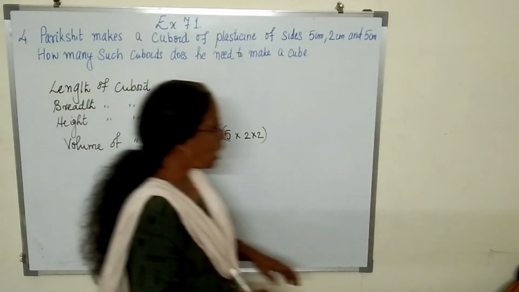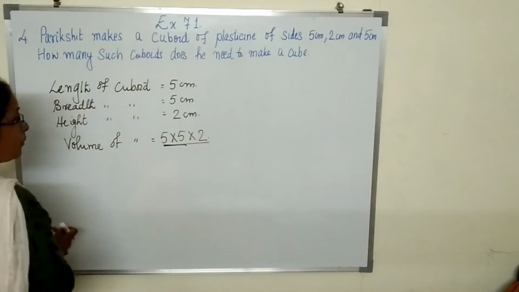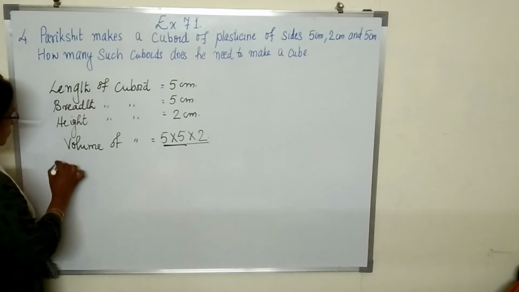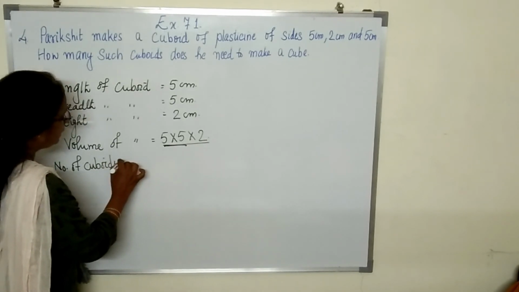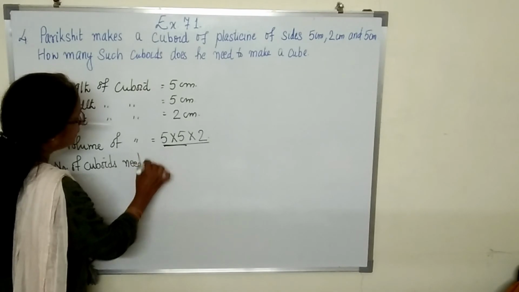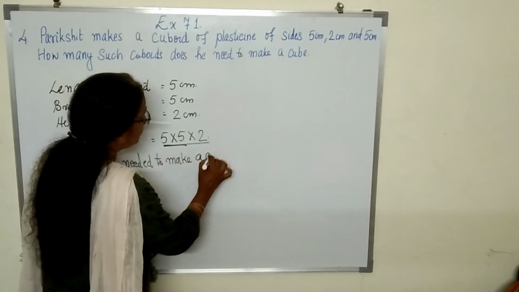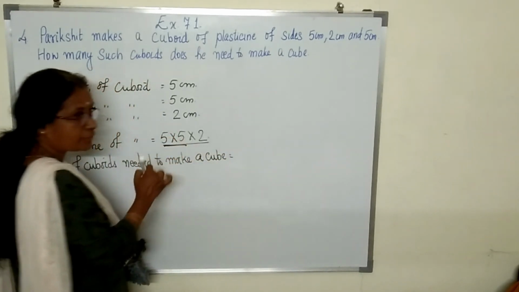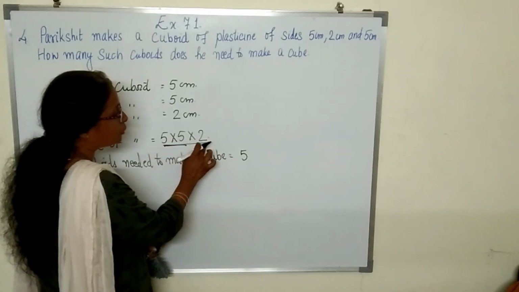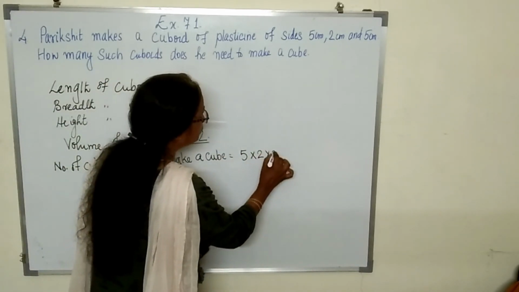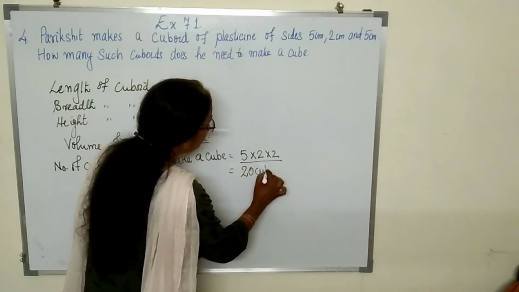So the number of cuboids needed to make a cube is 5 into 2 into 2, that is 5 fours, which are 20 cuboids.